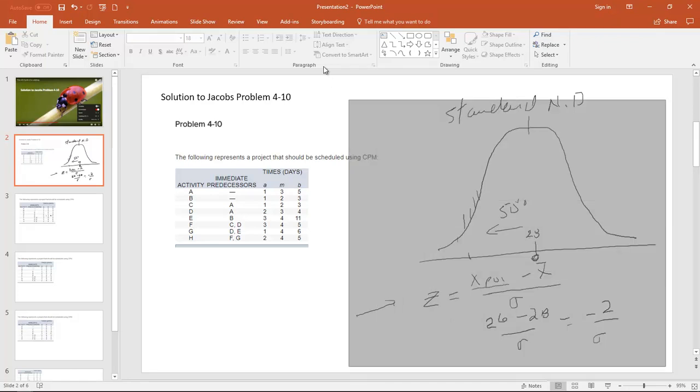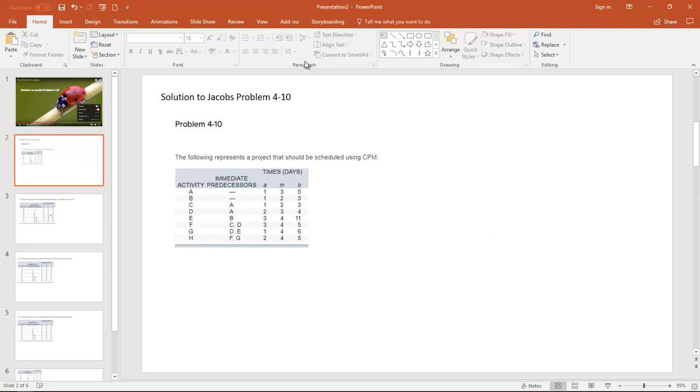So let's get rid of these notes, and to get started on this, we need to calculate the expected value of the time it takes to do each of the activities. And we start with this table here. We have optimistic, nominal, pessimistic. What was our equation for that?